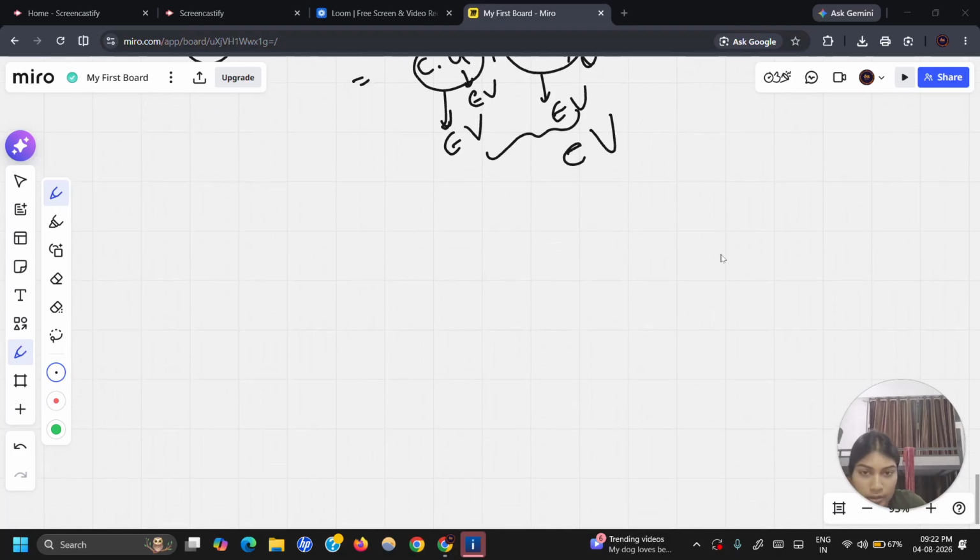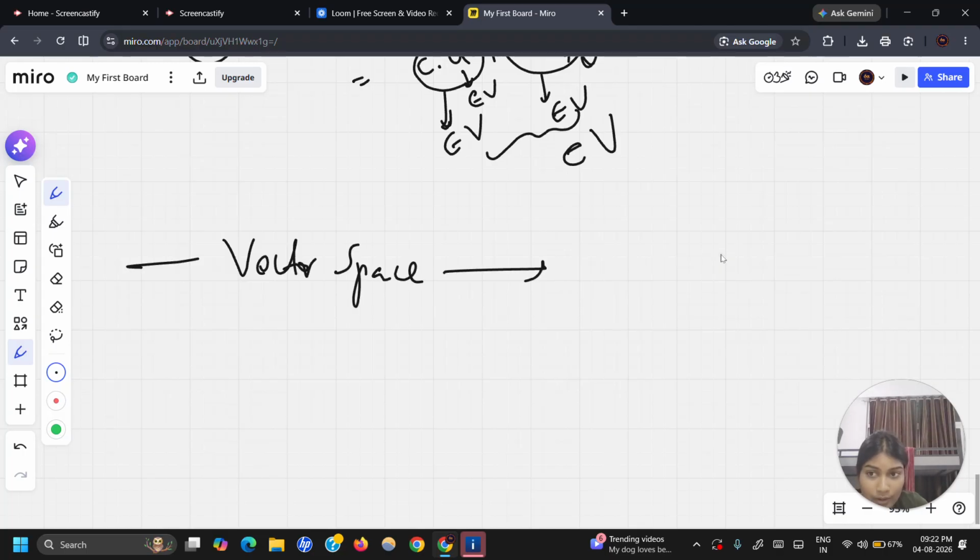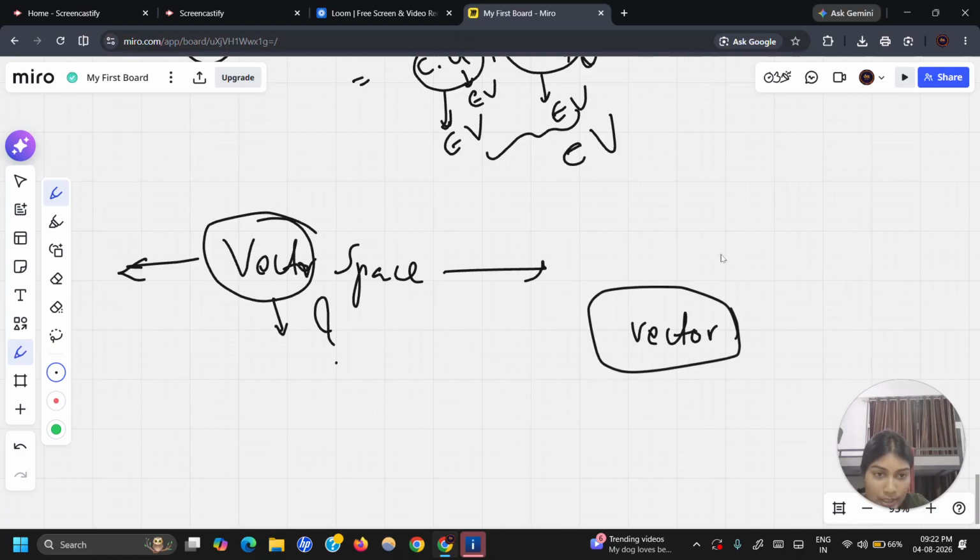So here we all discussed what is a vector space. Okay, so what is a vector? We actually need this. What are vectors, or elements of a vector space?